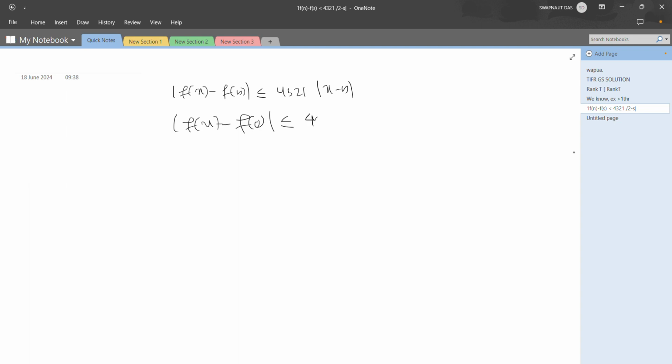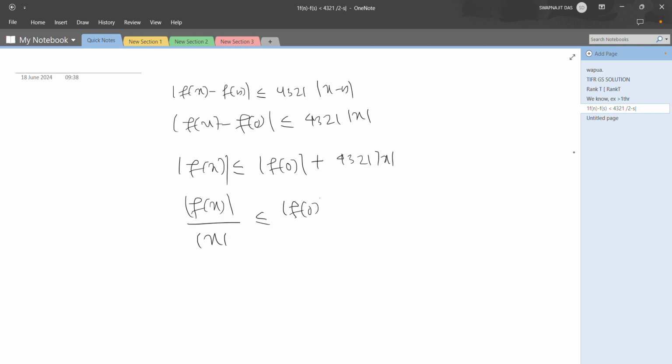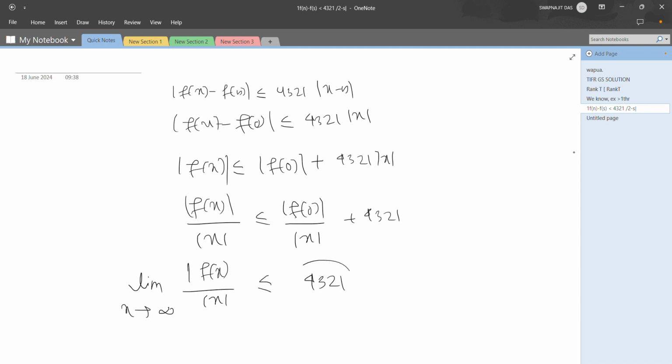So fx minus f0 is less equal to 4321 mod x, which means mod fx is less equal to mod f0 plus 4321 mod x. Because if you take the limit as x goes to plus infinity or negative infinity, mod fx minus this is at least bounded above by 4321.